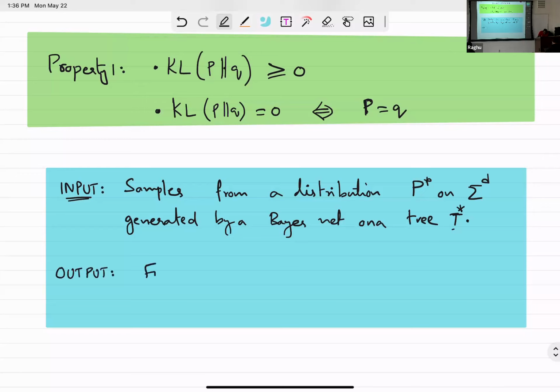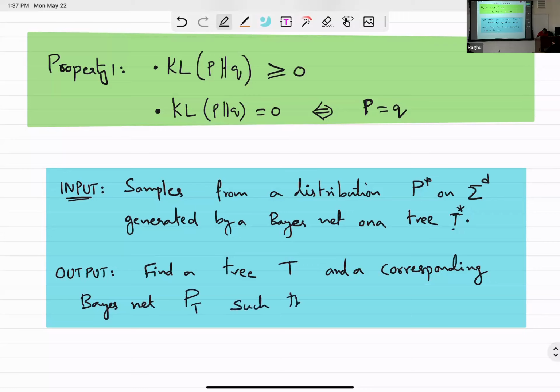Our goal is to find a tree T and a corresponding Bayes net P_T, such that the two are close.